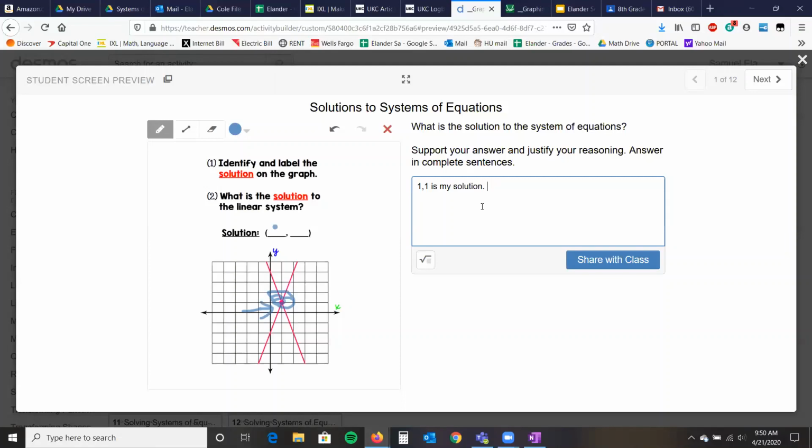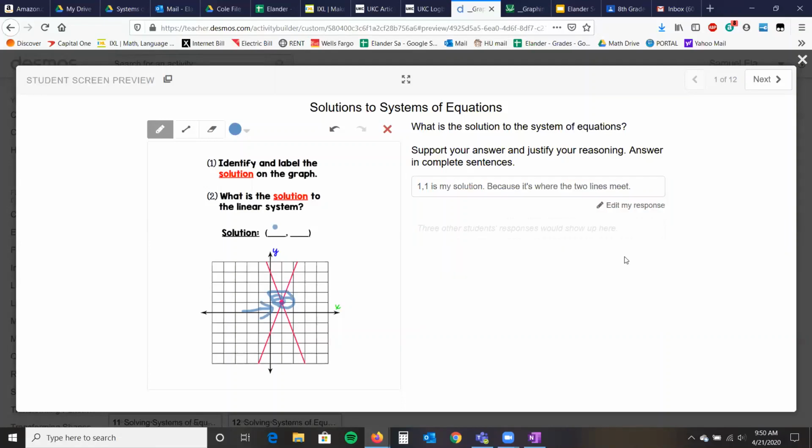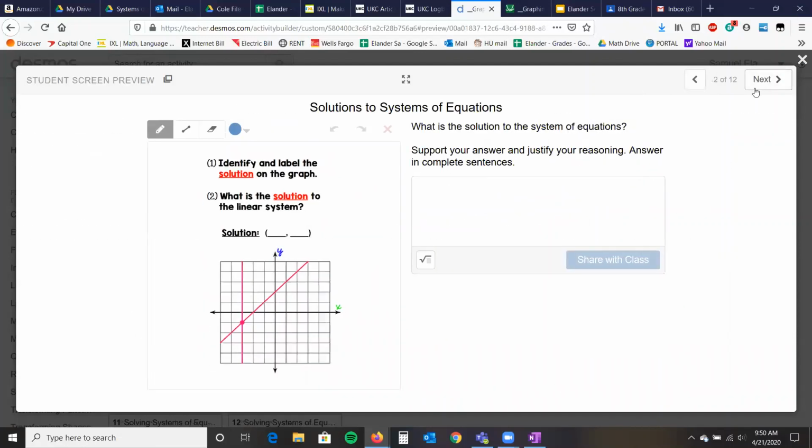And then it says explain why. So I could say, because it is where the 2 lines meet. So something like that. Okay, and then you'd say, all right, next.